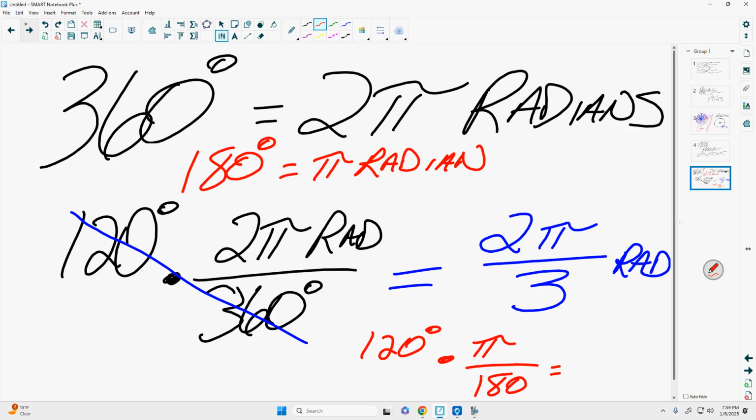And then I just have to reduce correctly. Let's see, I take 60 out of there, and I take 60 out of there. Hey, look at that. It's 2 pi over 3 radians. I just ran out of space.